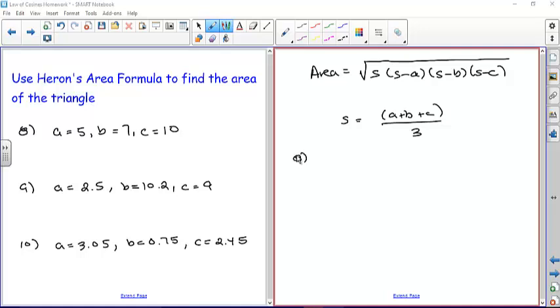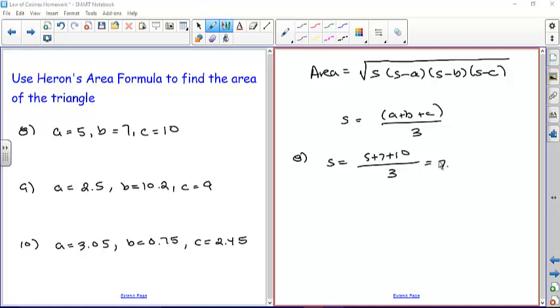So let's do the first one. First we'll calculate S. So it's 5 plus 7 plus 10 divided by 3. I need to get my calculator. So that's 5 plus 7 plus 10, 22 divided by 3.